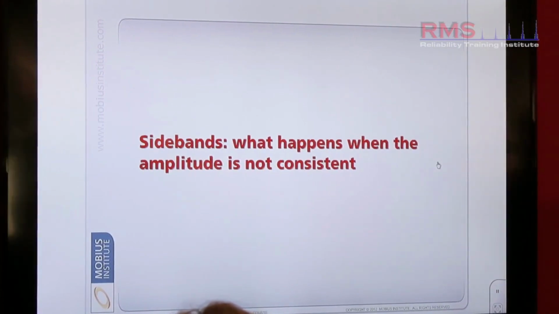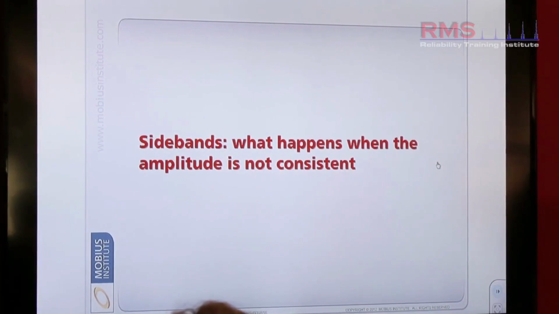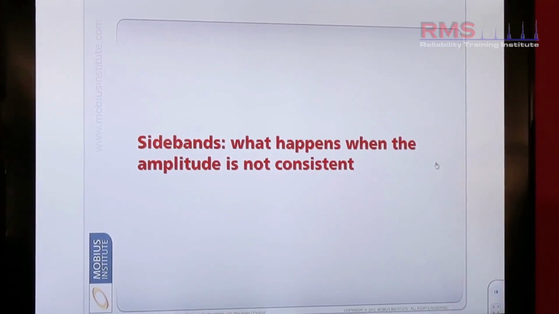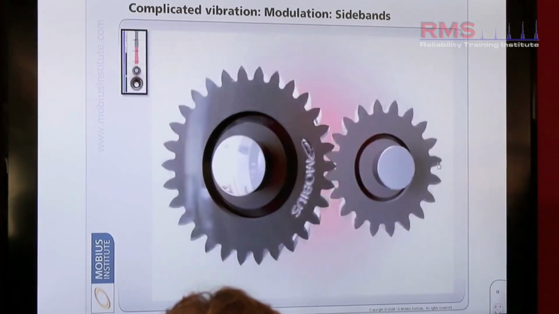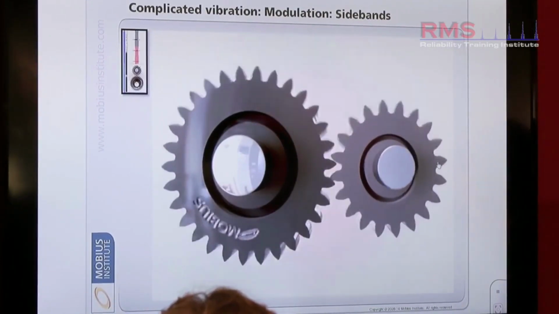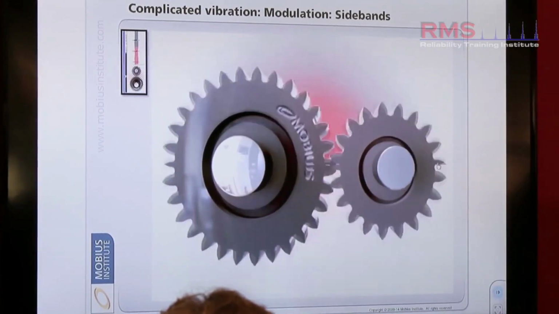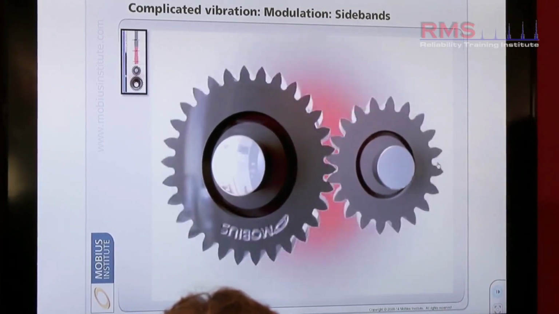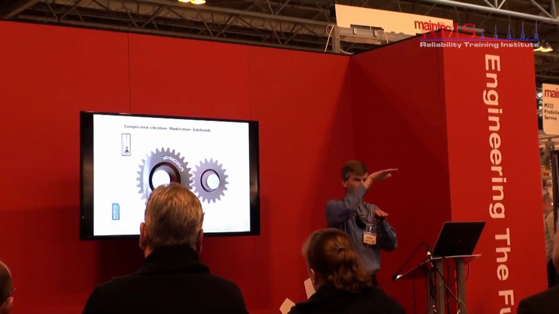One other factor, maybe one step too much here, but let's just scratch the surface. Another characteristic in the reading we call sidebands. What's the difference? Well, look at these gears. Look at how the teeth at one part of the rotation come right into the root of the teeth, then the gap opens. So that means the vibration, once per rev, goes strong, goes weak.